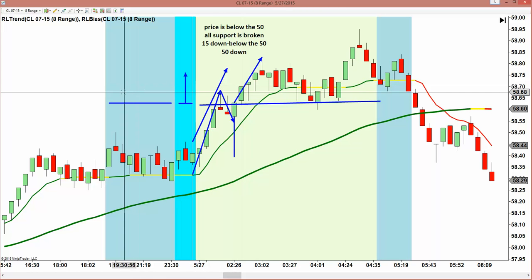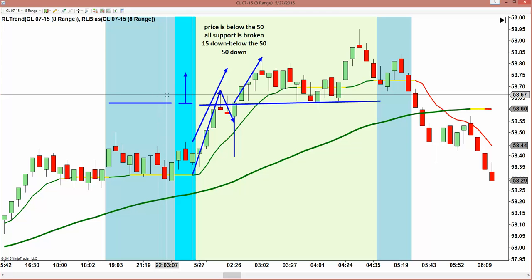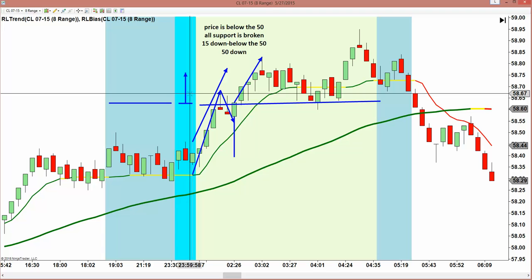So you go from a flat market where all resistance to the upside is broken, but it's trendless. Then on the higher time frames, the 15 starts to the upside, but it's below the 50. So this is a little bit of a riskier trade, and you also know that you have resistance to the upside to break. But let me tell you, that's a good color to trade if on your trading chart you have a really, really nice entry.